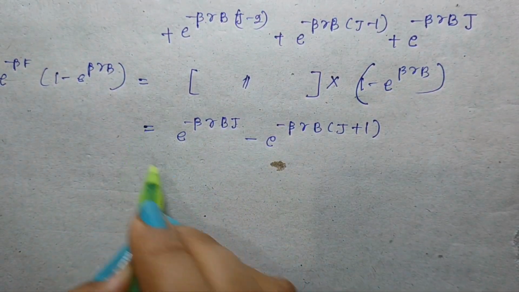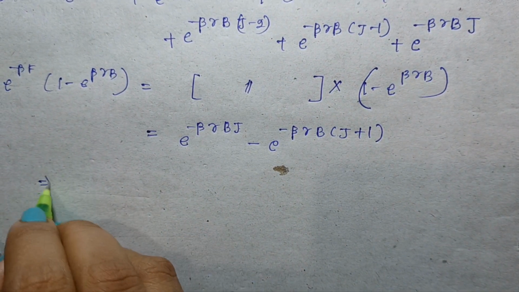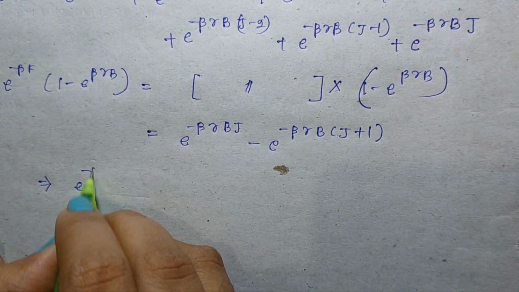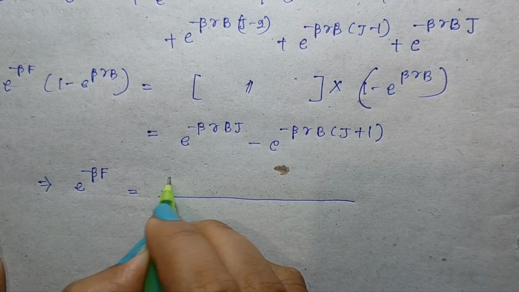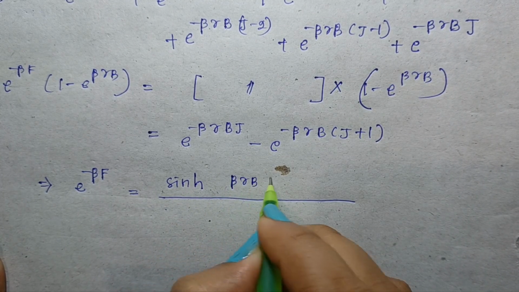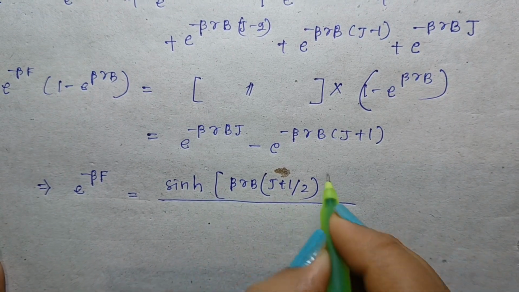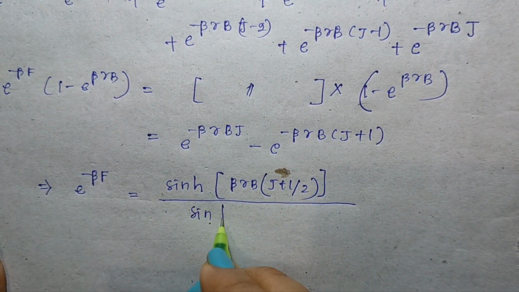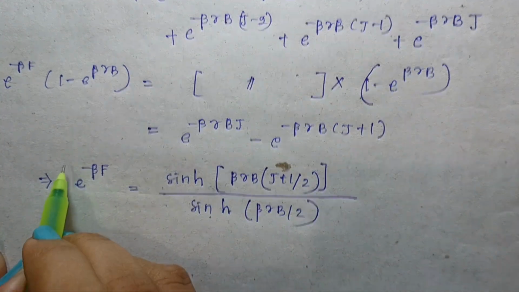Rearranging it, I get e to the power minus beta F equal to sinh of beta gamma B (J plus 1 by 2) divided by sinh of beta gamma B by 2.